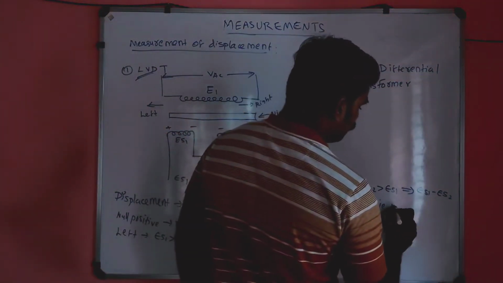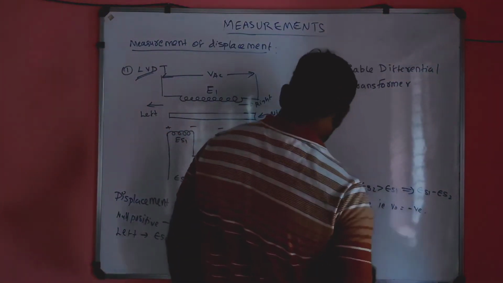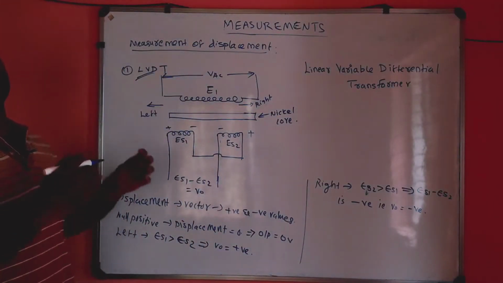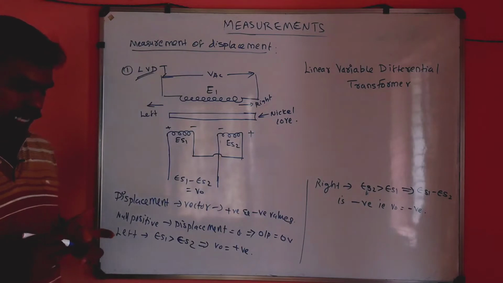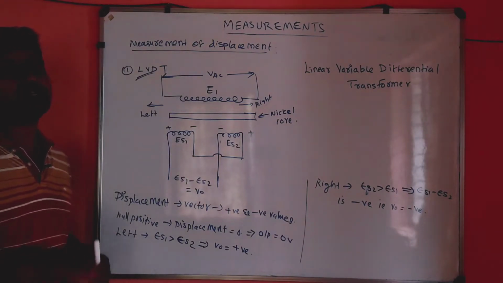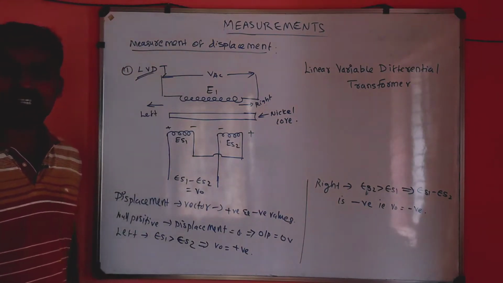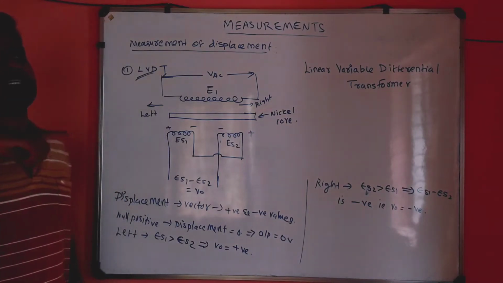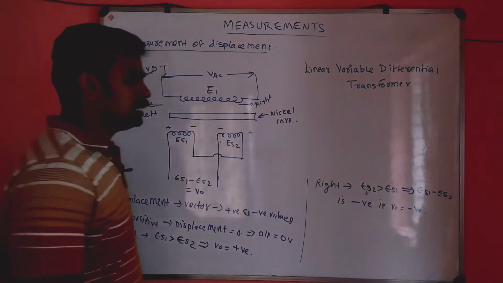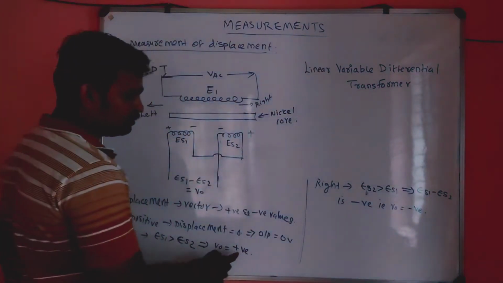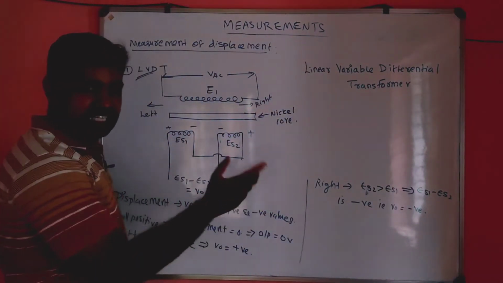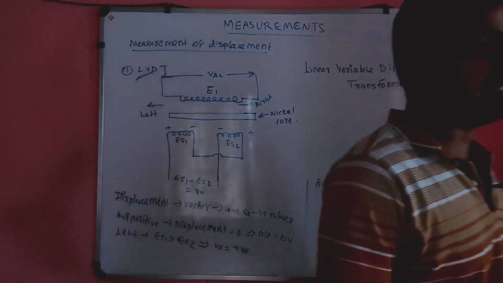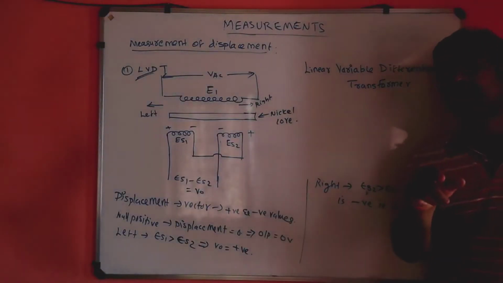That means V0 will be negative. If V0 is negative, we can conclude that it is opposite to the conventional direction, that the displacement is in the opposite direction, because the output voltage has both directions. Its sign is changing, which means there is a displacement.